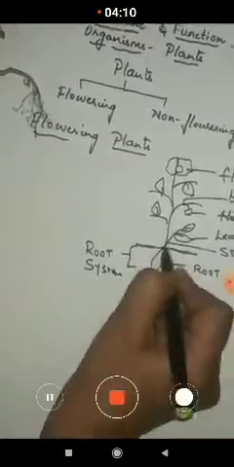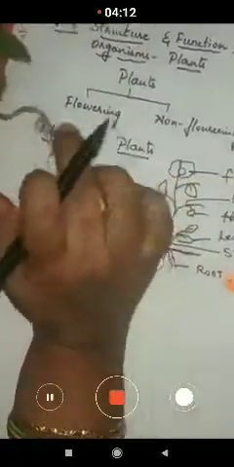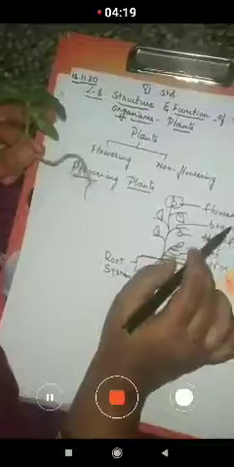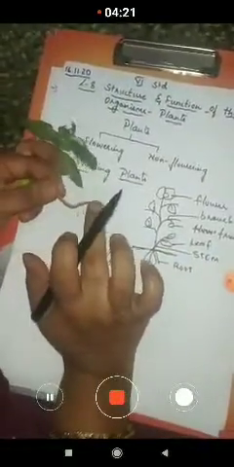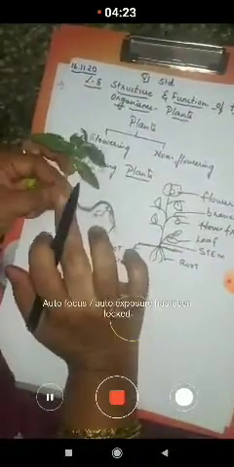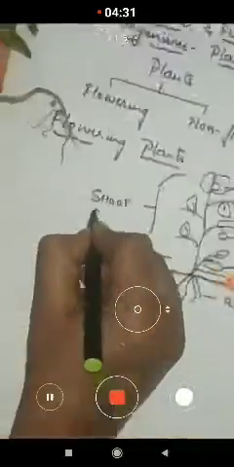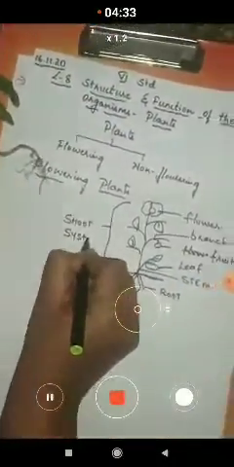And the part of the plant which grows above the soil, that is the stem, leaf, branch, flower and fruit, this part of the plant which grows above the ground level we call the shoot system.